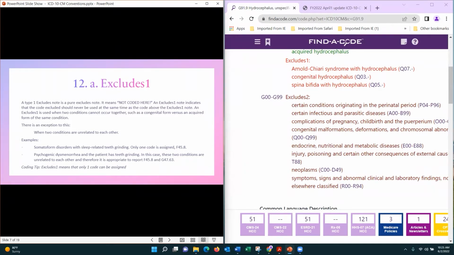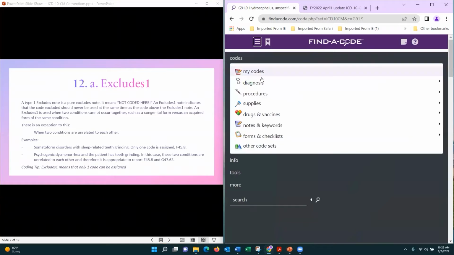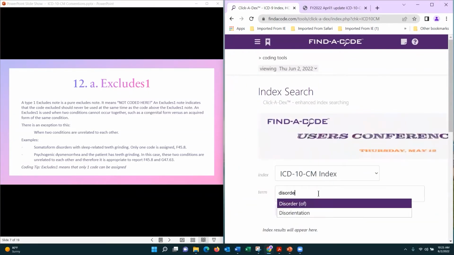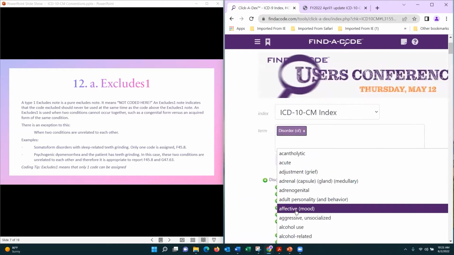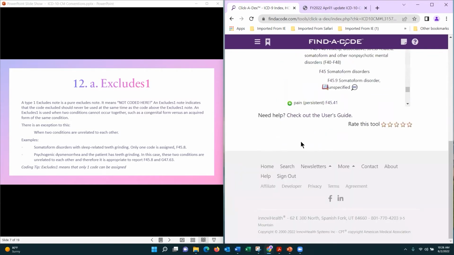So when we look up, I keyed in my keyword, which is disorder, and then my adjective, what kind of disorder, is somatoform. So I'm going to click on that.